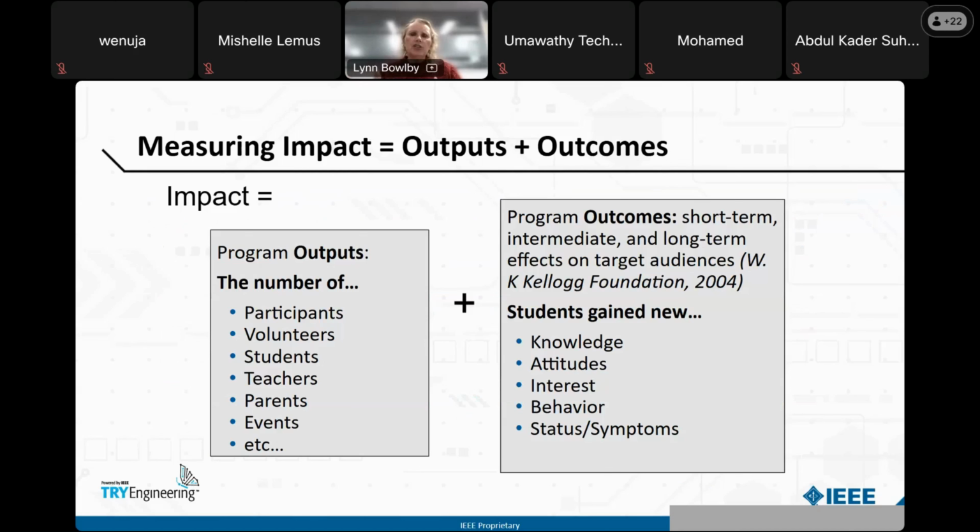So how is it changing their attitudes toward engineering as a whole, and how is it increasing their knowledge? So when you're talking to us about how you're measuring the impact, don't just tell us how many volunteers or students or teachers have participated in your program, but tell us what kind of knowledge or attitudes they're going to have toward engineering once they complete your program.